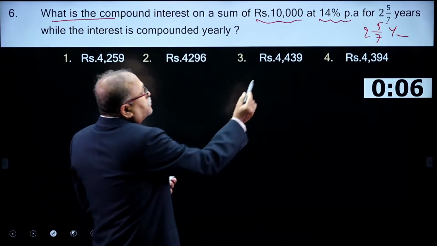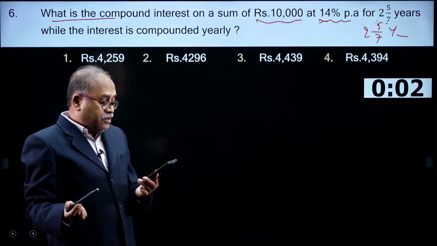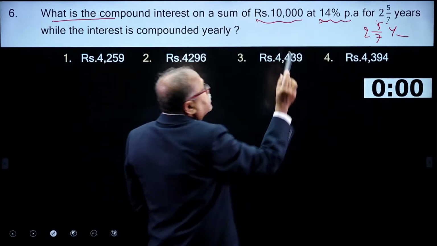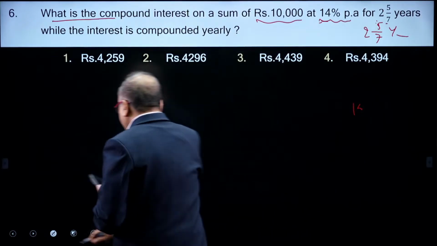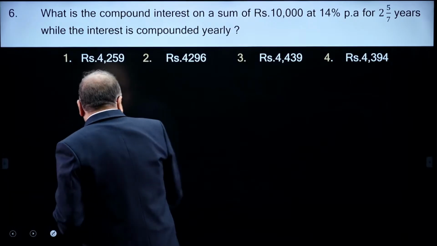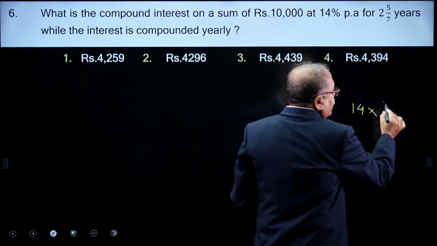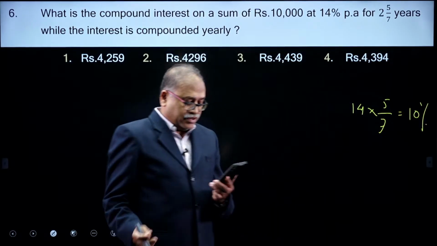So, for first year 14%, for second year 14%. So, I am comfortable. What about the 5 by 7 years, what rate I will apply? I will apply that 14% per annum, and I need 5 by 7 years, which is nothing but 10%.